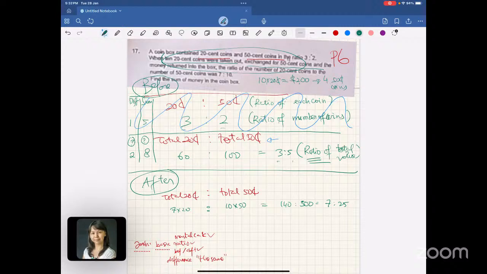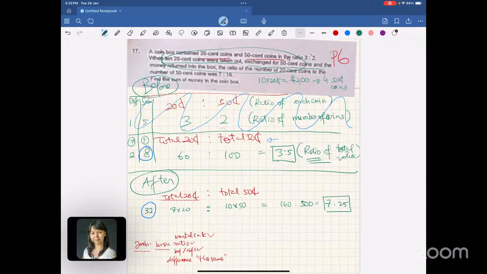Sorry, I'm still here. 7 to 25 and 3 ratio 5. Now, I will focus on this number, and then this number. The sum of 7 and 25, which would you tell me? 32.